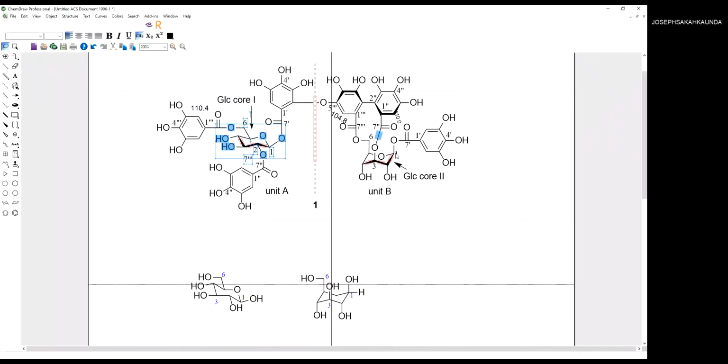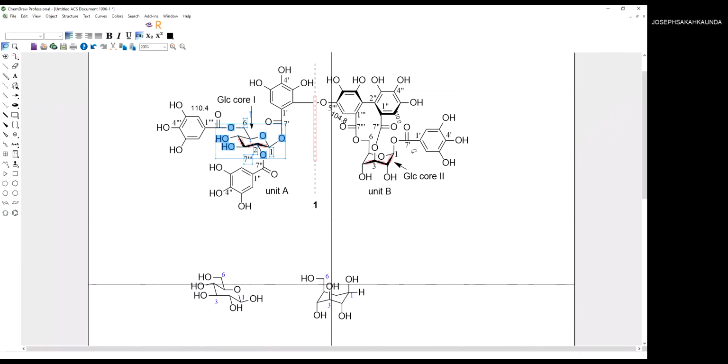Then assign each carbon atom the corresponding value from HSQC, and then begin to expand your territory as you're being led and guided by HMBC.